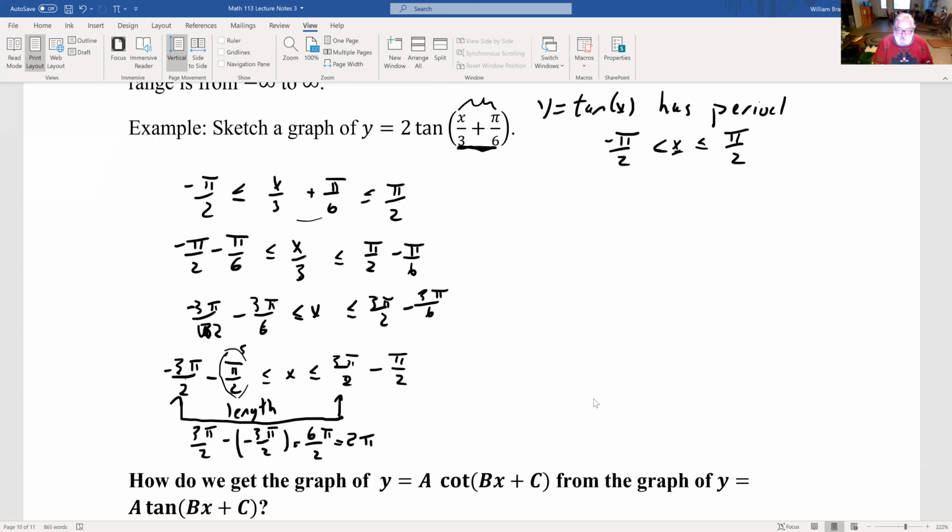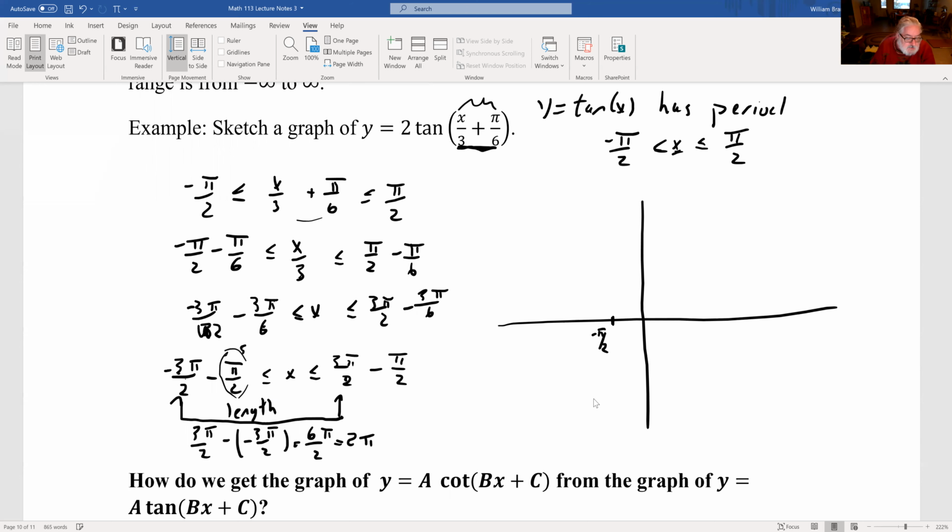So what does my graph look like? It's going to start at minus pi over 2. And then it's going to go for a cycle of 2 pi. So it'll go from, oh, that's not right.